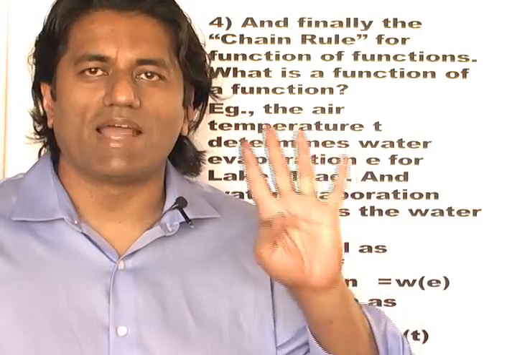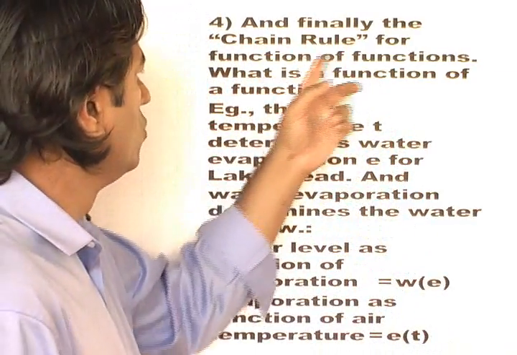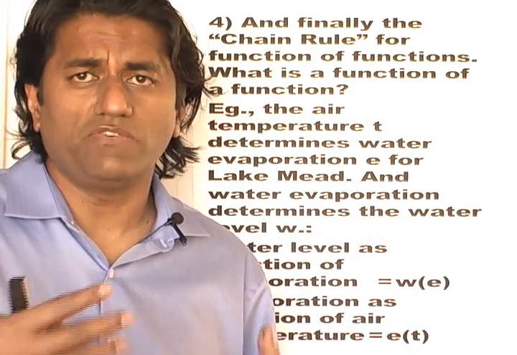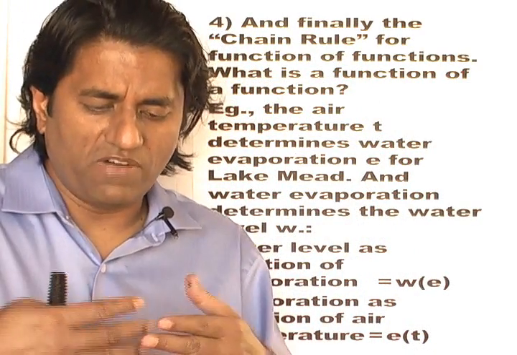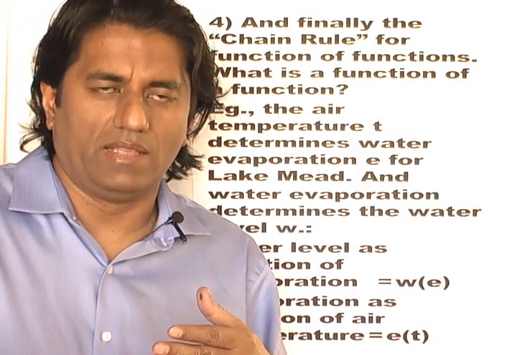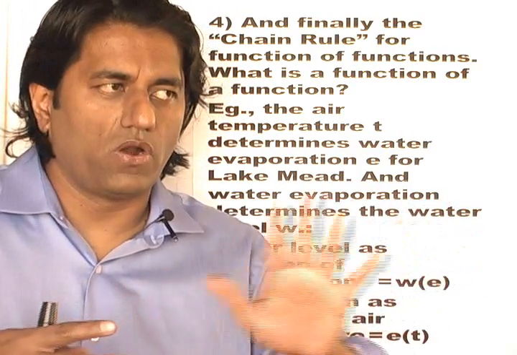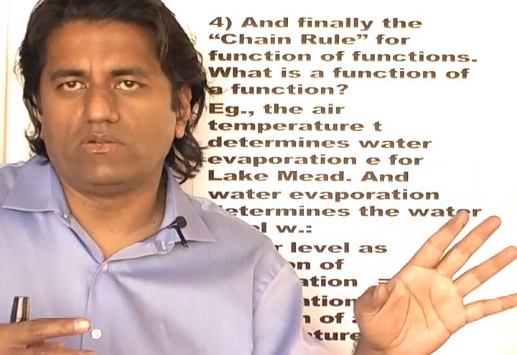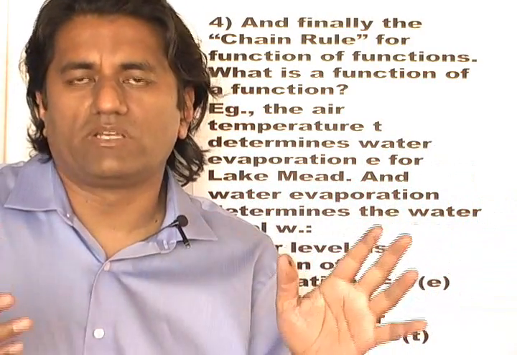And the last of the 4 items for derivatives is the very important chain rule for functions of functions. Now, what's a function of a function? Well, a function is something which depends on something else. For example, when you're driving, the distance that you travel depends on time.